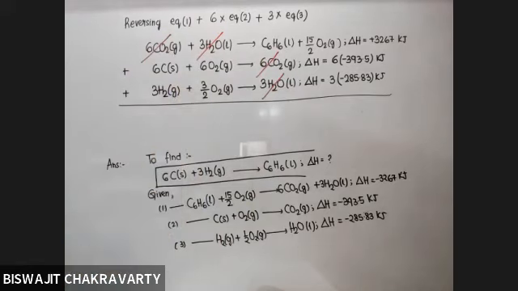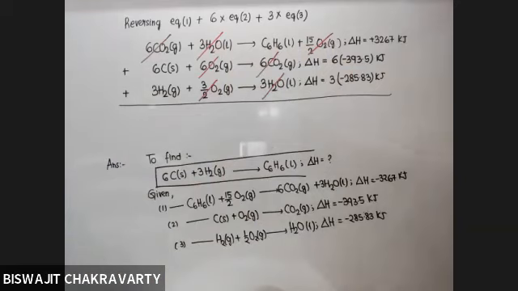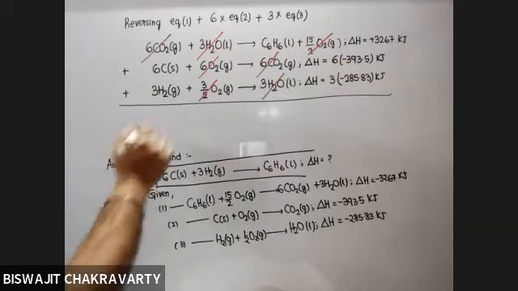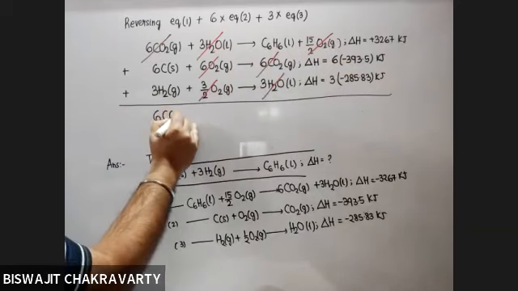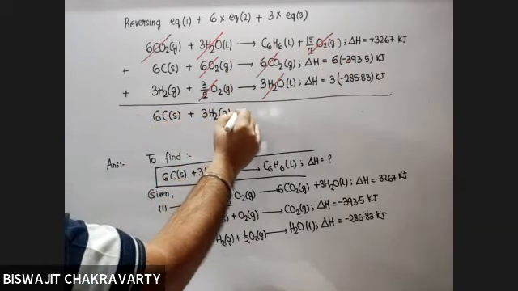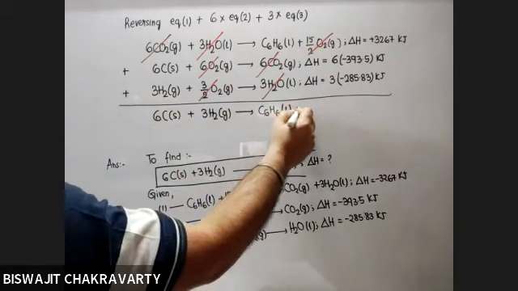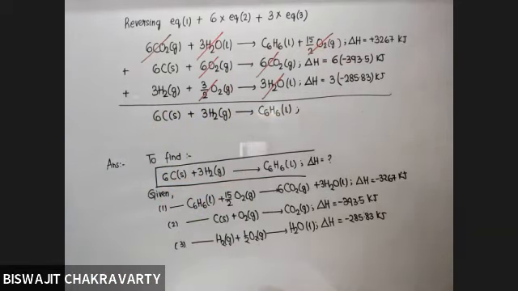So when you add them up, it will be 15 by 2 O2, and this and this will get cancelled. So ultimately what is remaining is 6 carbon plus 3H2 gives C6H6. So do we get what we required or not? Yes, sir.